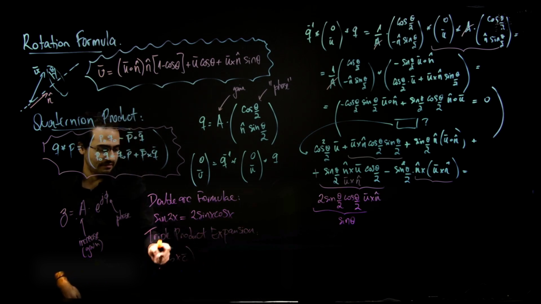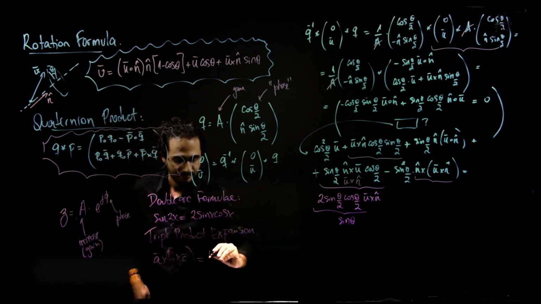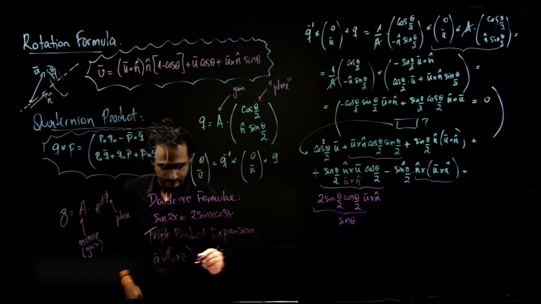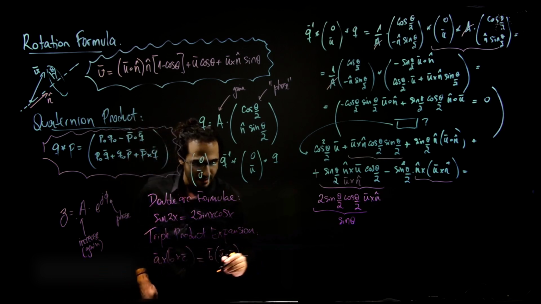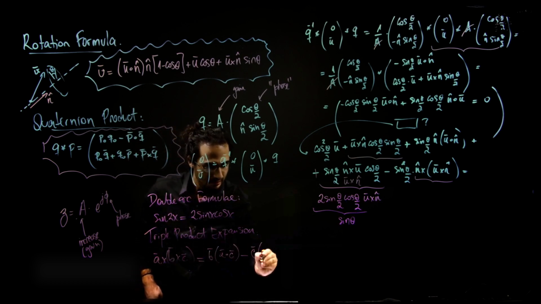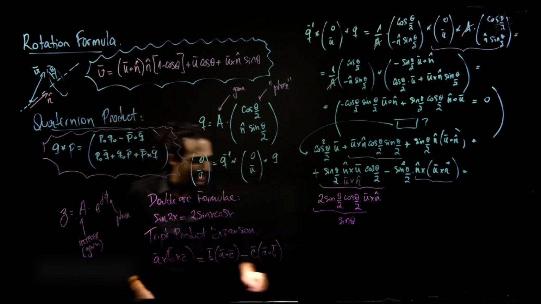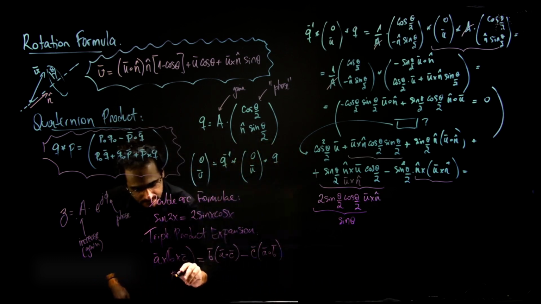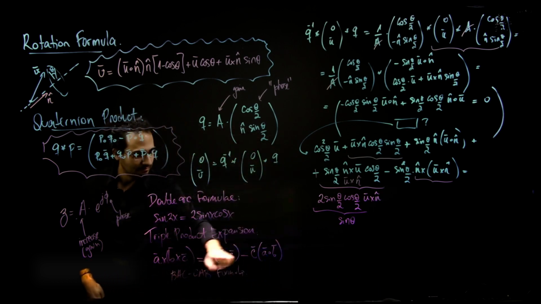If you have A cross B cross C, with the parentheses in this position, this can be written as B, A dot product with C, minus... there's a mnemonic for that in English, which is called the back of the cab formula. That helps you remember. That's how I remember. So we can use that.